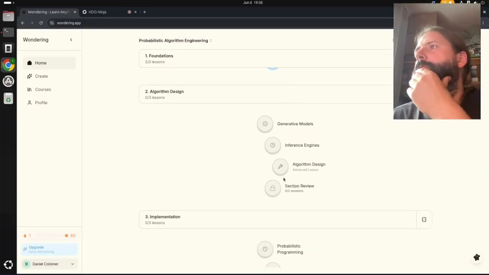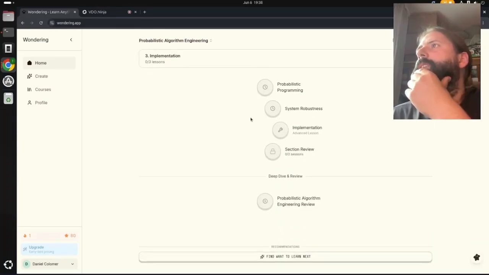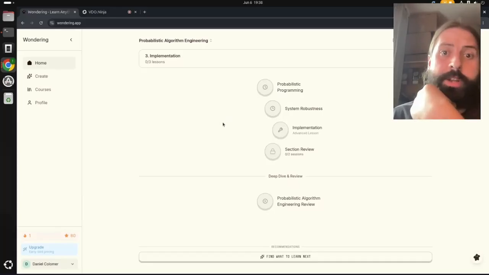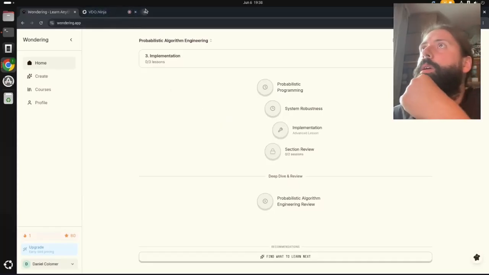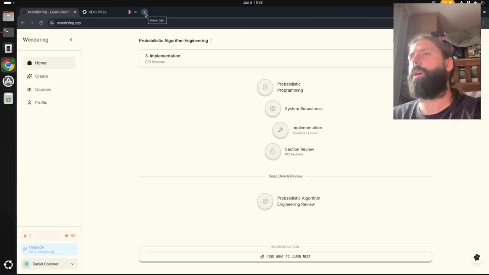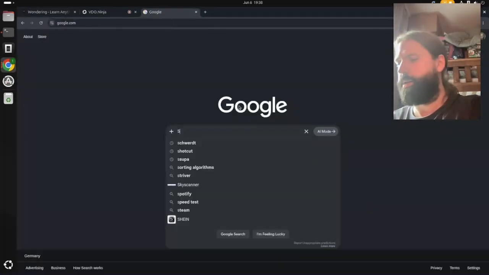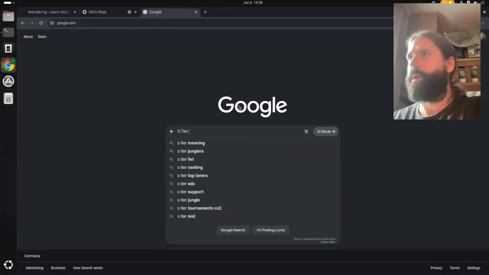Generative models, inference engines, algorithm design, section review. Yeah, I mean, it's okay. I guess it's maybe a compromise, right? It's better than Brilliant.org, and it's worse than NotebookLM. That's what I would say. So far, like S tier meme. No, table. What is tiering table?